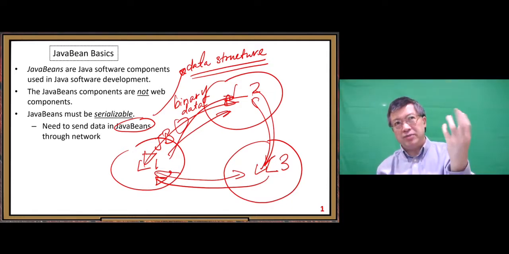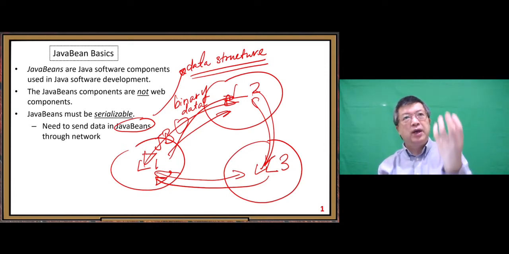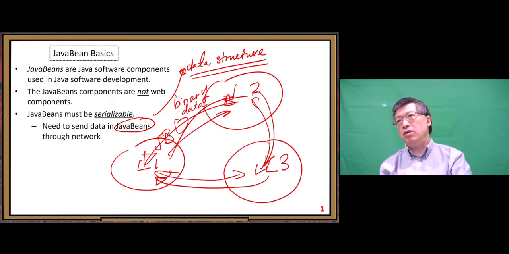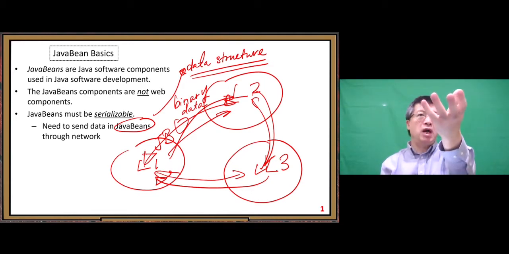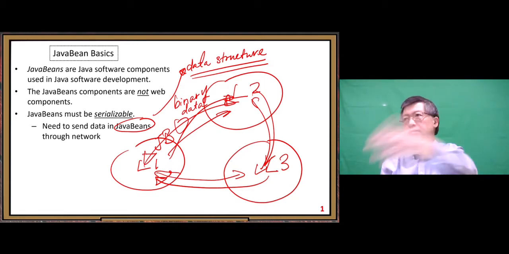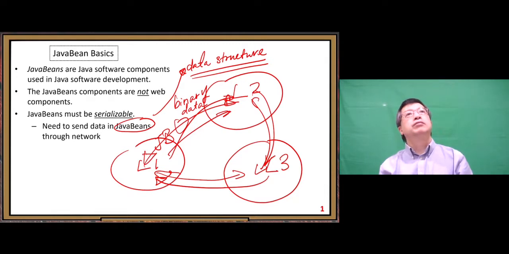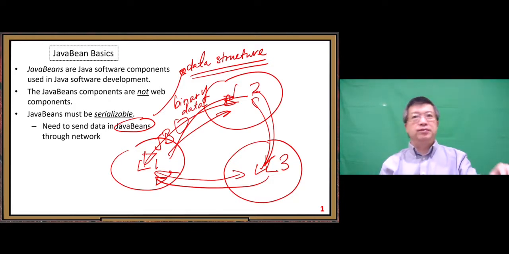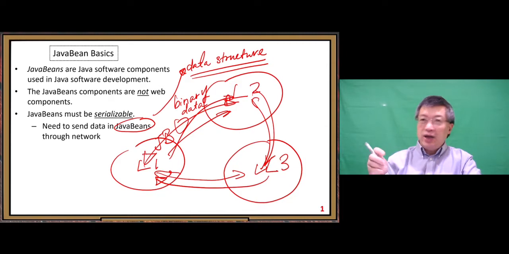The serializable property makes sure that every JavaBean works as expected everywhere in the world, on every type of Java machine. So that is the reason, the goal, for creating this concept.